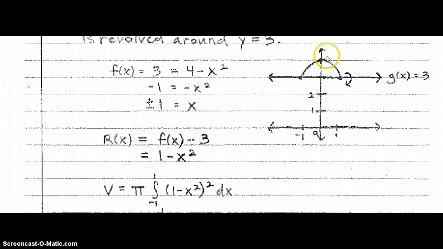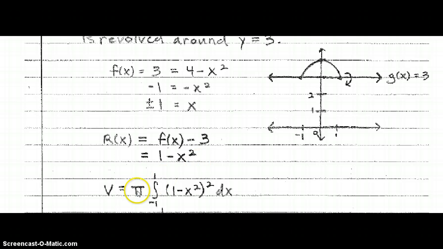So if you want to find this region, you take the top curve minus the bottom curve, as you can see right here. So the top curve, f of x, minus the bottom curve, 3, gives us the result 1 minus x squared. Keep in mind that f of x was 4 minus x squared, so it's really 4 minus x squared minus 3. 4 minus 3 is 1, so that's where the 1 minus x squared comes from. 1 minus x squared becomes our radius.